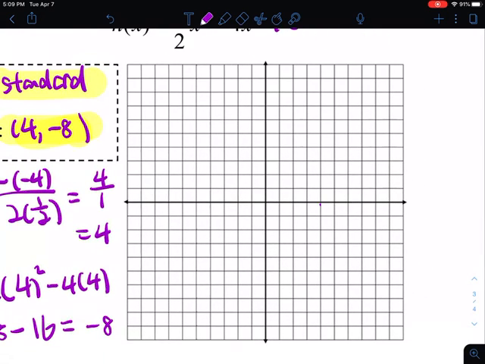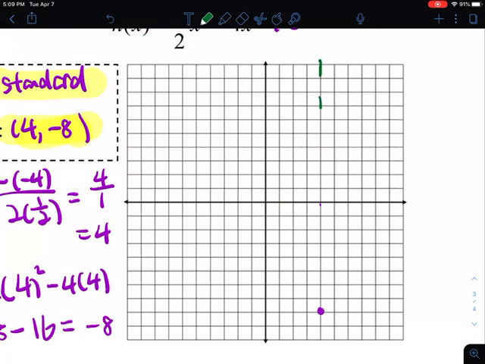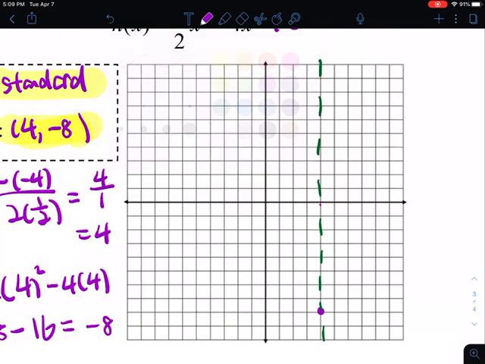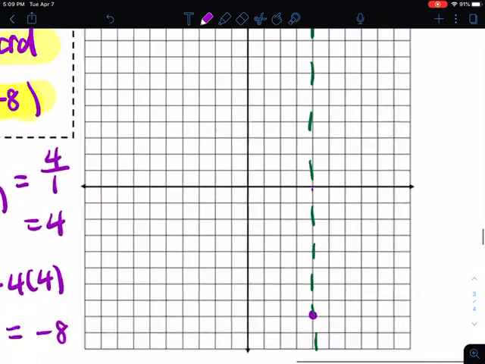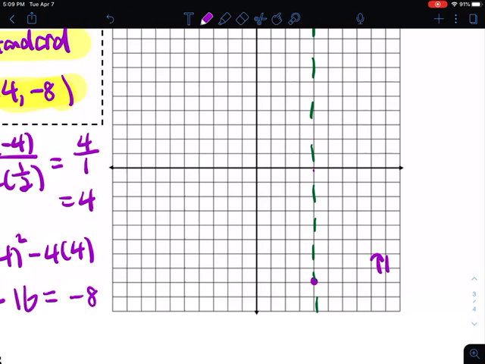So let's go ahead and graph that one. (4, -8). And then again, it's always a good idea to draw in your axis of symmetry. Once you have the vertex, we can use our key pattern. This one's going to open up because there's no negative sign.